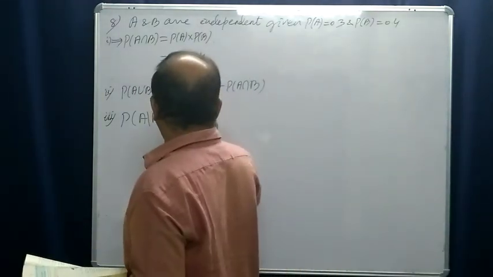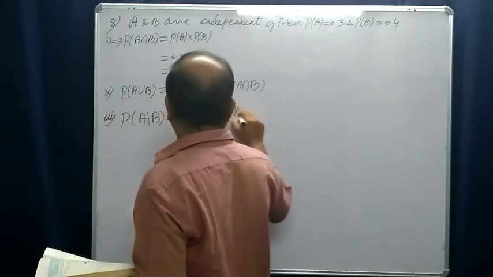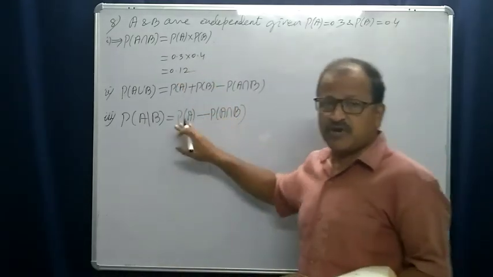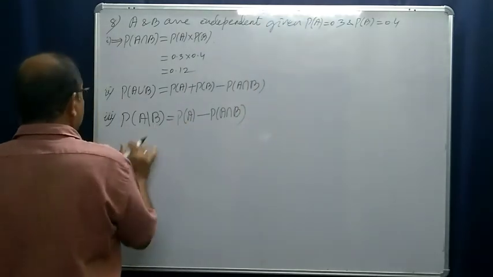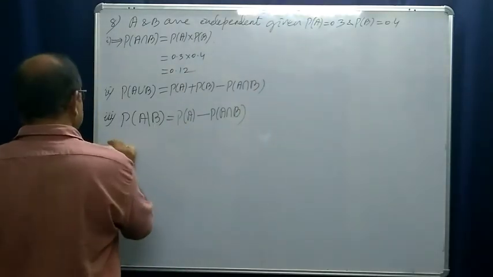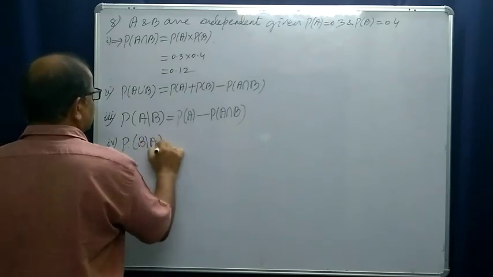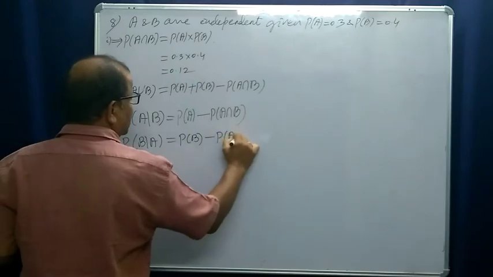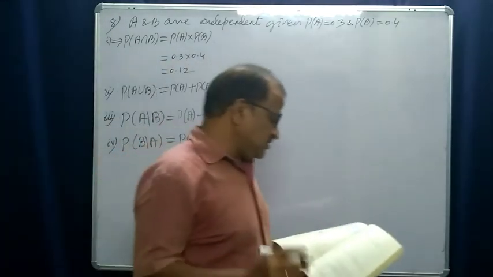This is the probability of A minus the probability of A intersection B. You have obtained the probability of A intersection B, put it here, and the probability of A is also there. You will get the probability of A difference B, and similarly you can calculate the probability of B difference A, which is equal to the probability of B minus the probability of A intersection B. So this is question number 8.